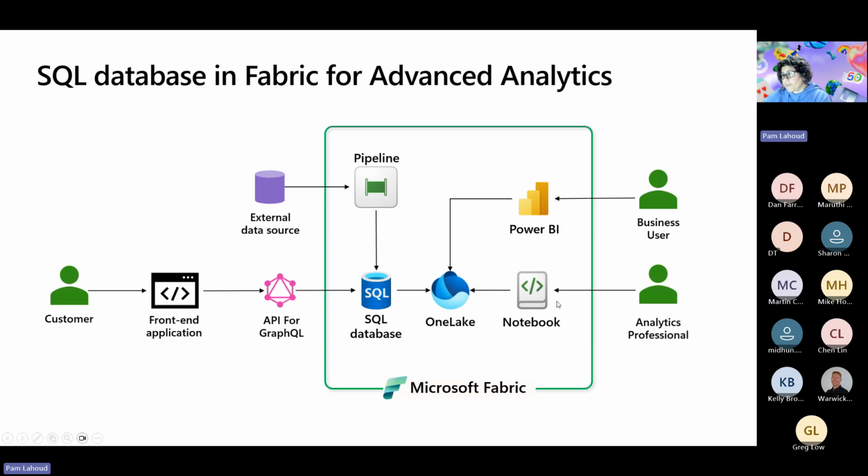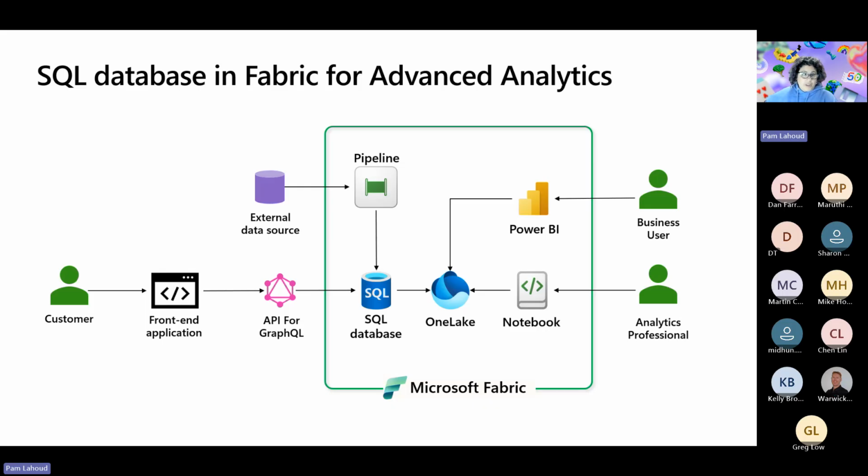So they might have already been in Fabric. So you have business users creating Power BI reports, and you have analytics professionals using notebooks on this data. And now, instead of having to ETL the data from your transactional system outside of Fabric, you could just move that system into Fabric directly, use GraphQL API to talk to it from an end user application, and then continue to have your business users and your analytics professionals use the same tools that they're already used to.